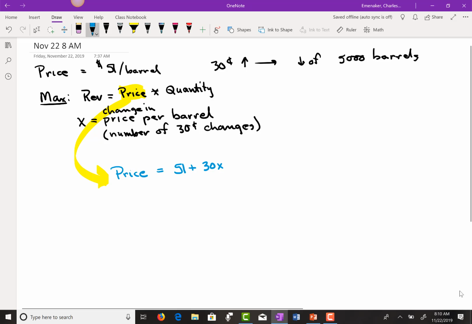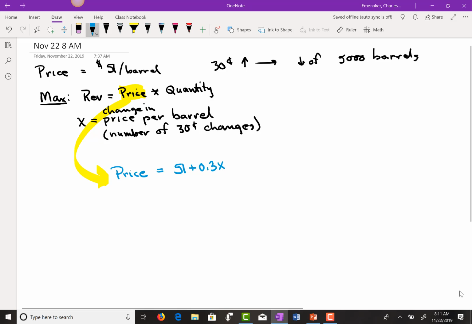So what we really need here is 0.3. Now I could put another 0 there, but it's 0.3x. And remember, x is the number of steps we're going to take in price change. Does that make sense? Okay, so that's got that.